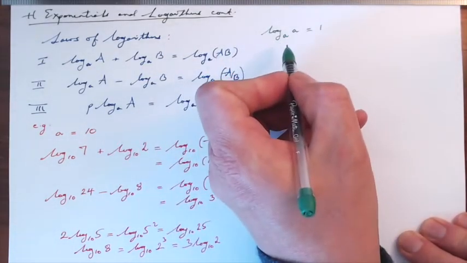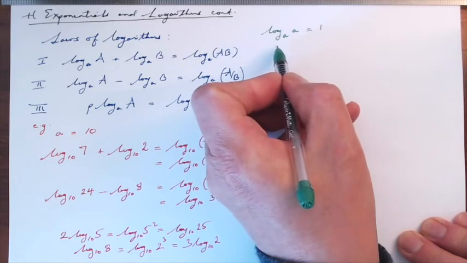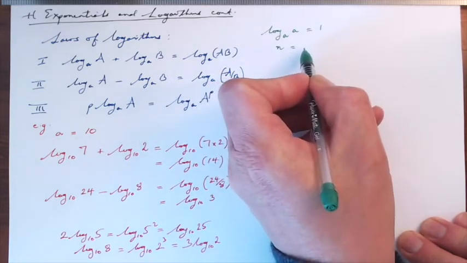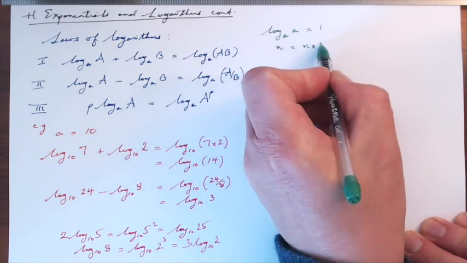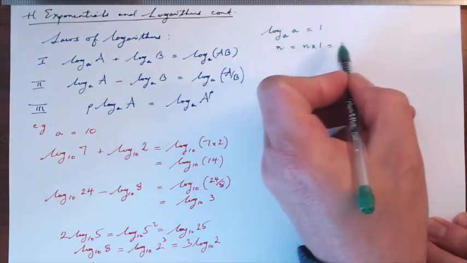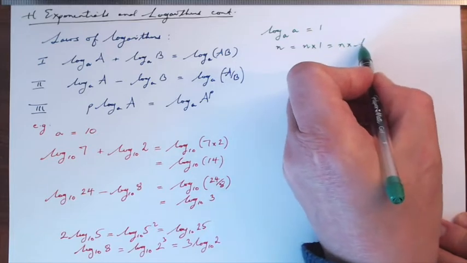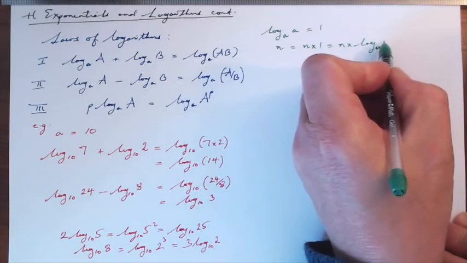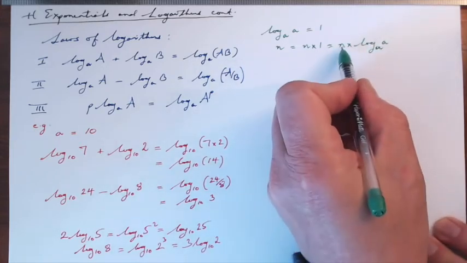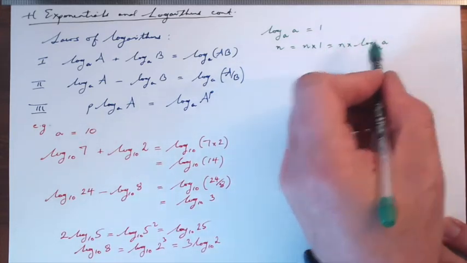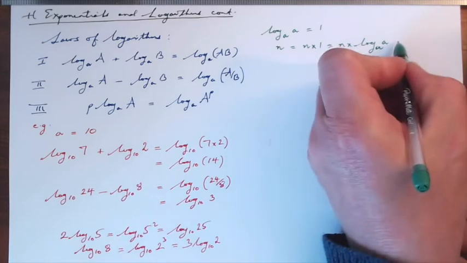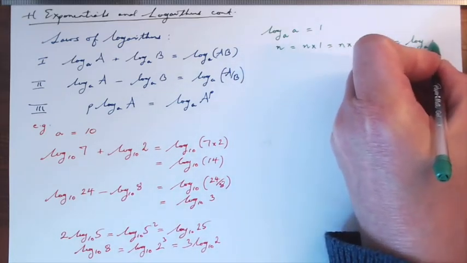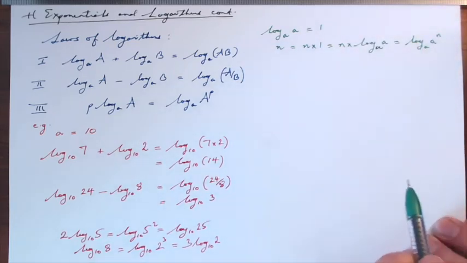We could choose to express a number n, say, as n times 1, and then write the 1 as log to the base a of a, and then absorb that n into the logarithm. So this would be log to the base a of a to the n.